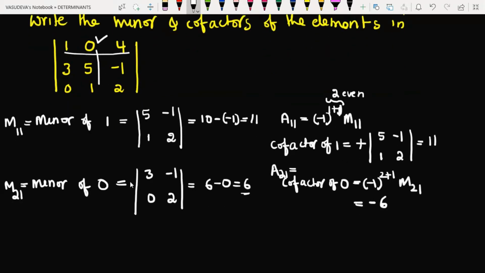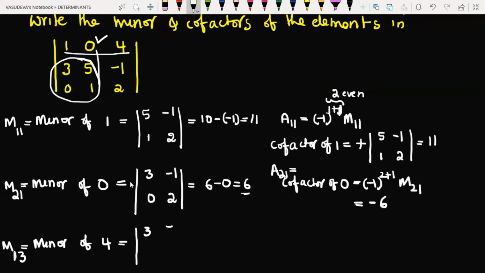Then the cofactor of the element 4. To find the cofactor of 4, let's find the minor of 4. 4 lies in the first row and the third column. So first row and third column, M13, is equal to the determinant of the elements, leaving the elements of the first row and the third column. So we have the remaining elements as 3 5, 0 1.